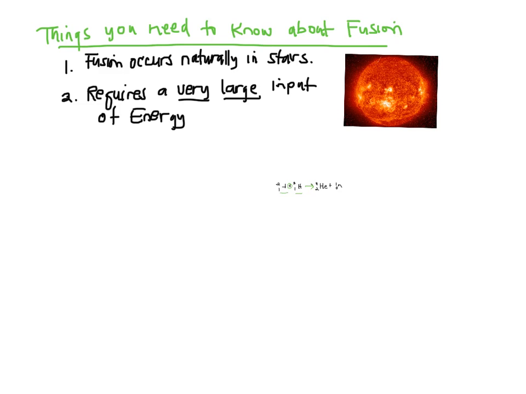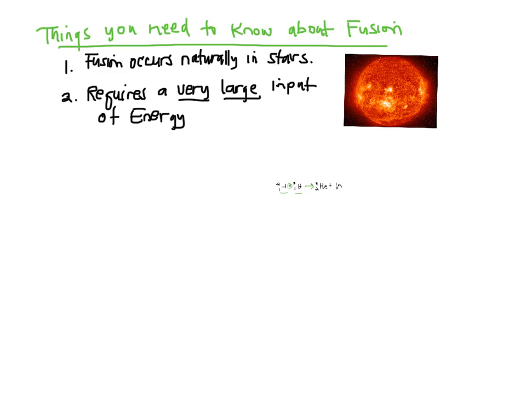Fusion reactions require a very large input of energy, meaning that in order to even start a fusion reaction, you need to actually force your two nuclei together. I mean, you've got two nuclei that have positive charges, and you're trying to force them close enough together for that strong nuclear force to take over. And this requires a huge amount of energy, which is why this doesn't happen naturally here.